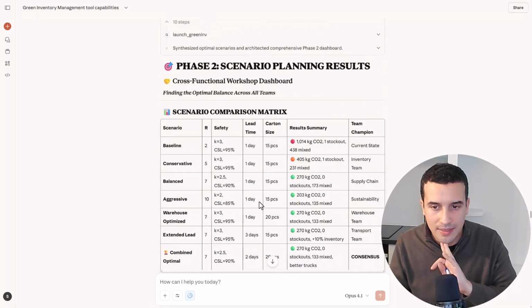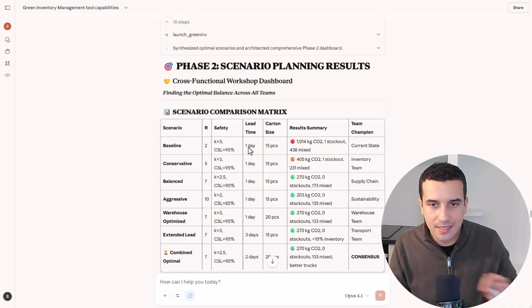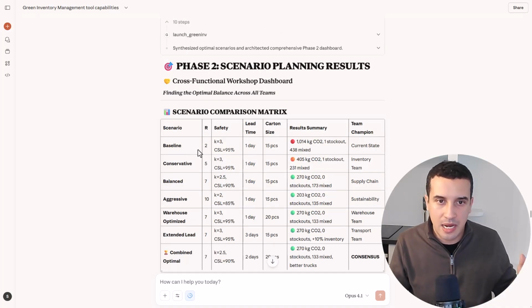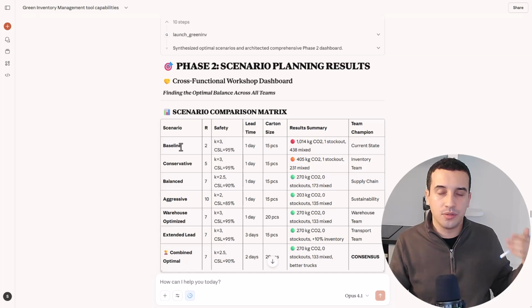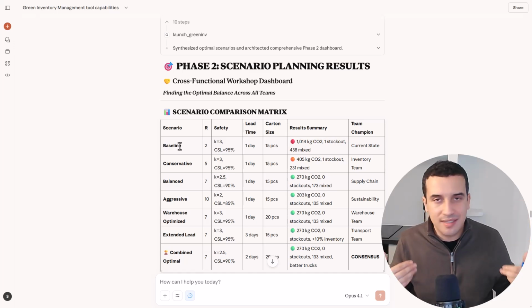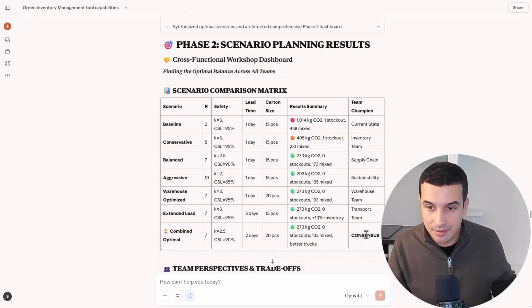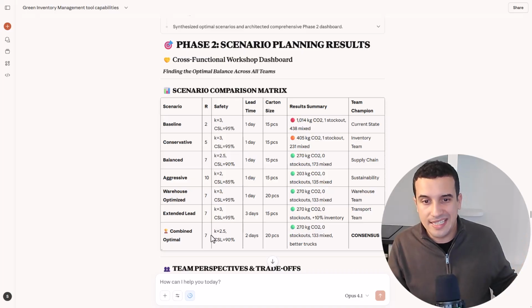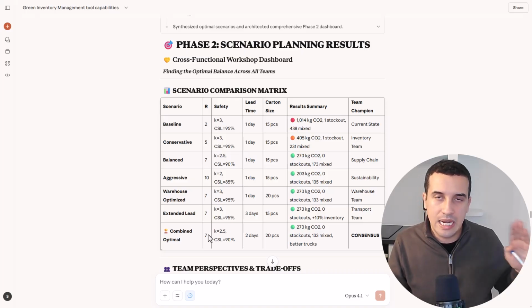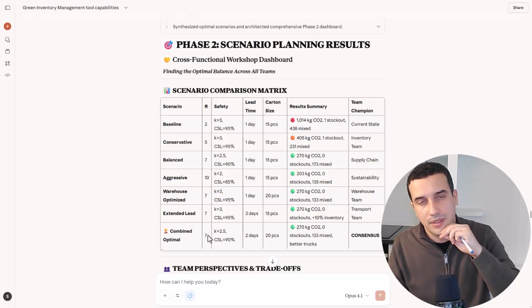And what is great here is that, based on the results of the different scenarios, it named the scenarios with business names. This is something that I haven't done in the case study: the baseline, the conservative scenario, the balanced scenario, the aggressive scenario, and the consensus. And the consensus is exactly the scenario that I've shared in the case study.